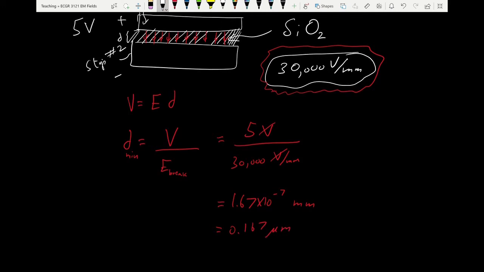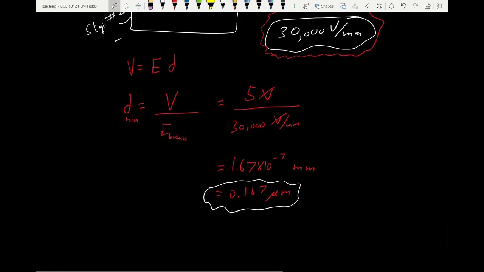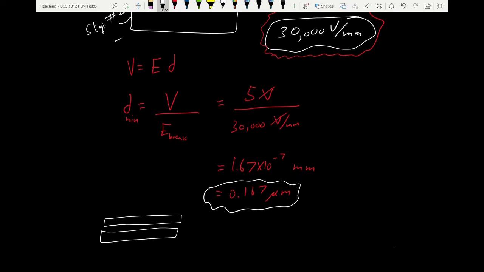So this is the minimum distance. If I have two slabs, two semiconductor traces, the minimum distance that is allowed before a voltage of 5 volts is going to break the material is 0.167 micrometers.